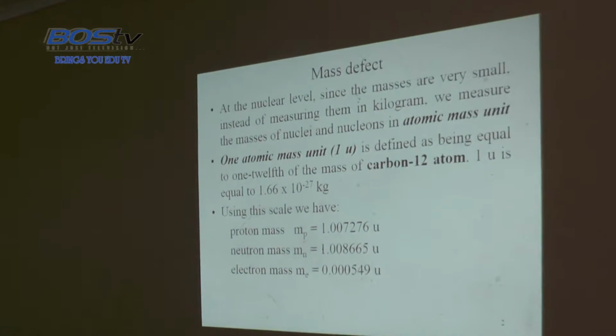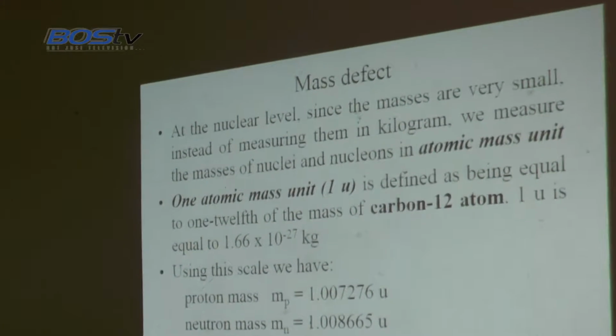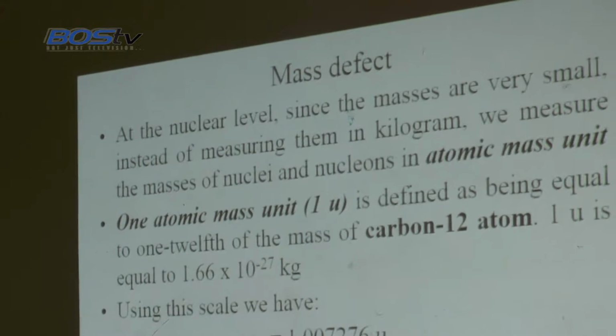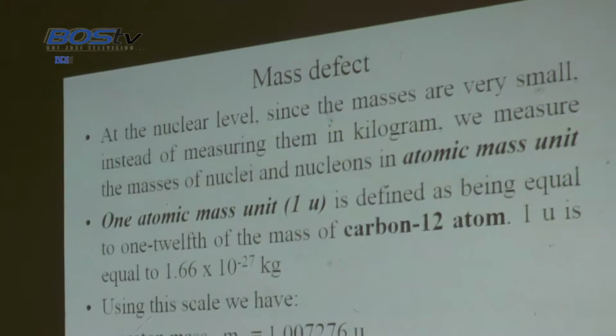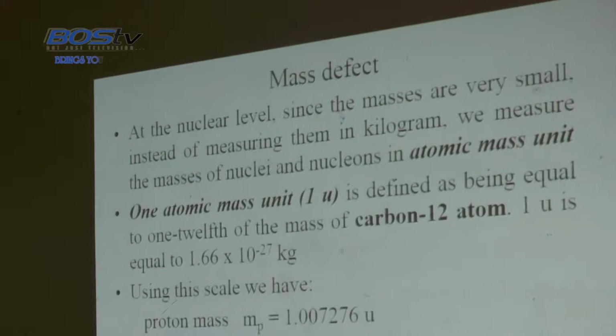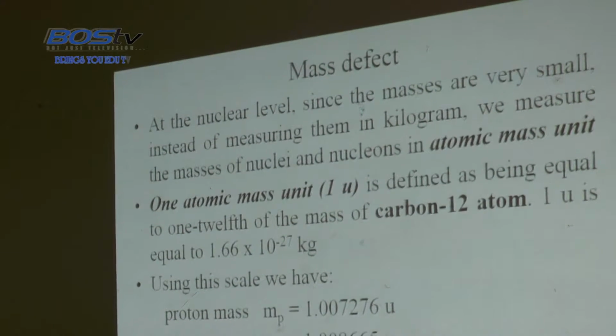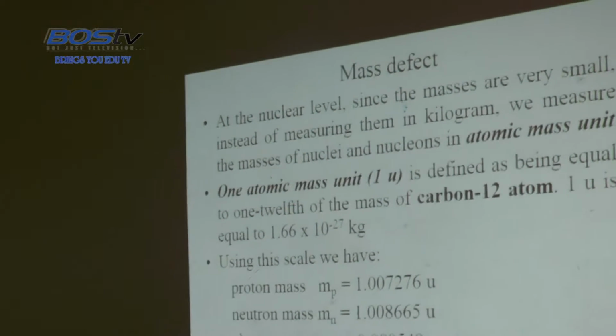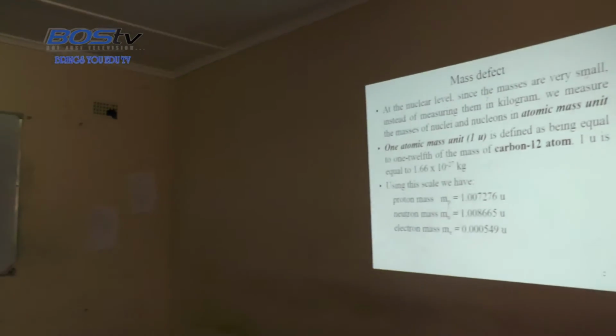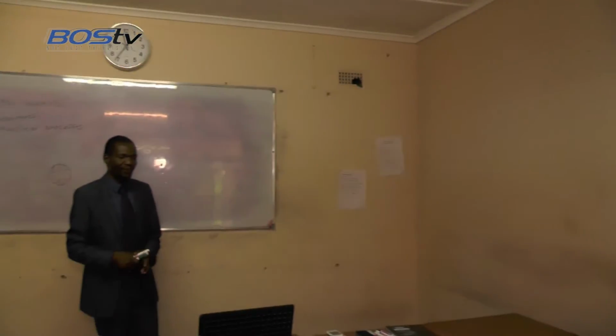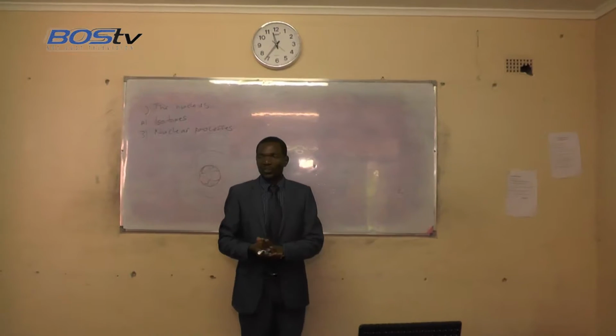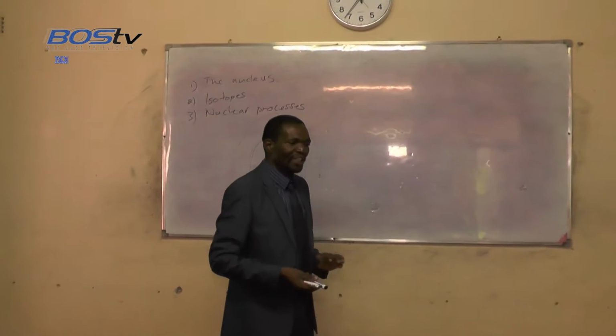And here, mind you, we are focusing on nuclear processes, so we are focusing on the nucleus. Are we clear? So as the nucleus reacts, we have a change in mass from reactants to products. We will look at that shortly.